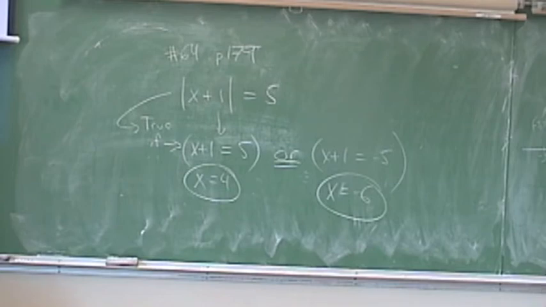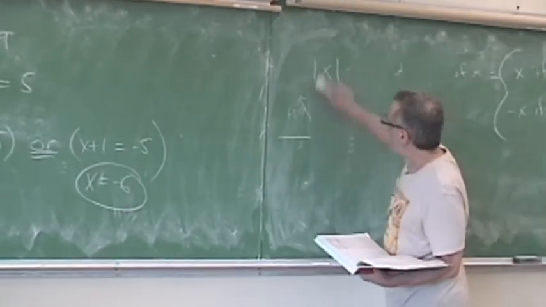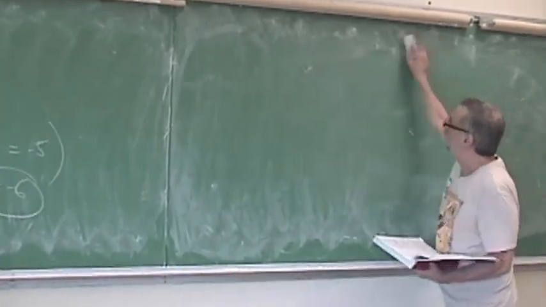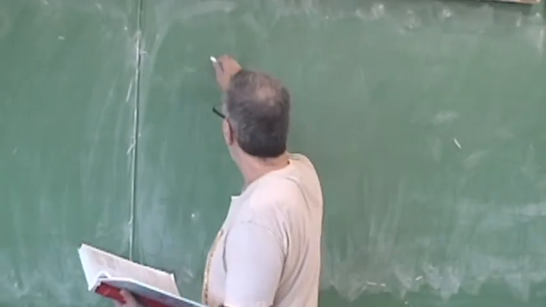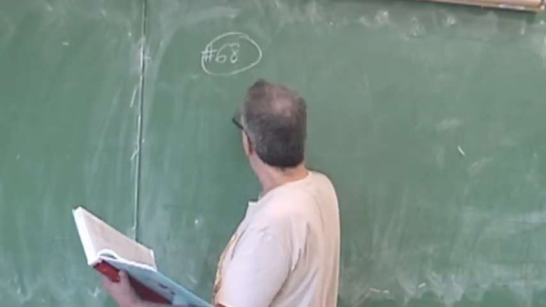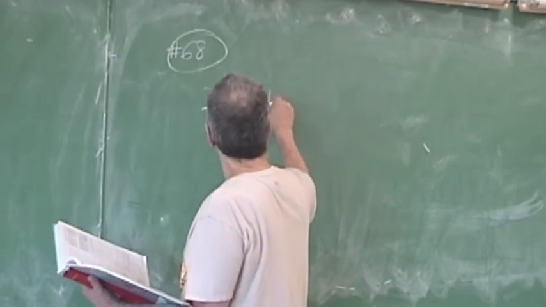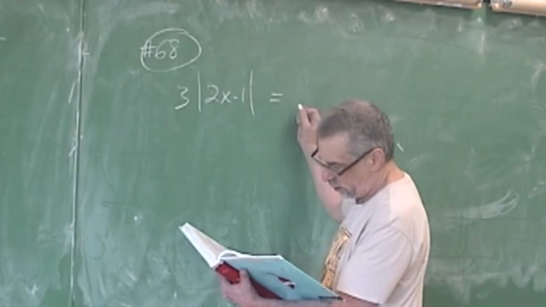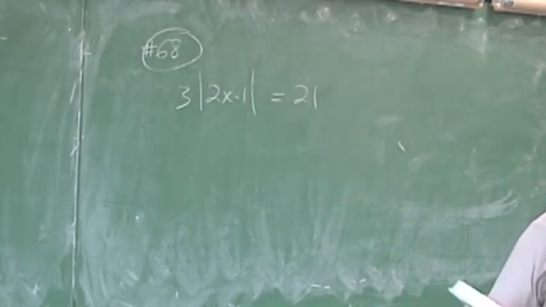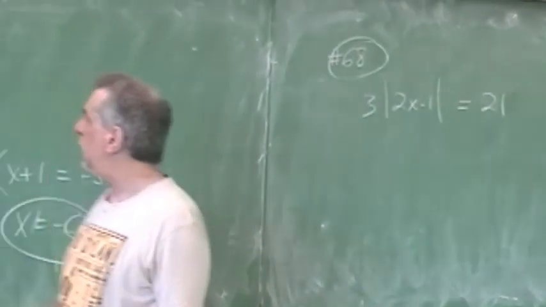Okay, let's try number 68, just to show an absolute value equation that's a little bit more difficult than the one we just did, but not really too much more difficult. The only difference is on this one, as you can see, we have another number on the left-hand side, whereas here we didn't have anything but the absolute value.